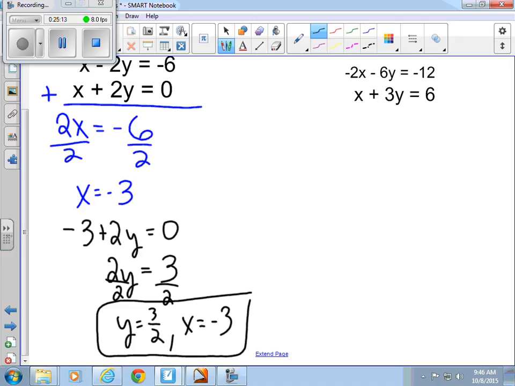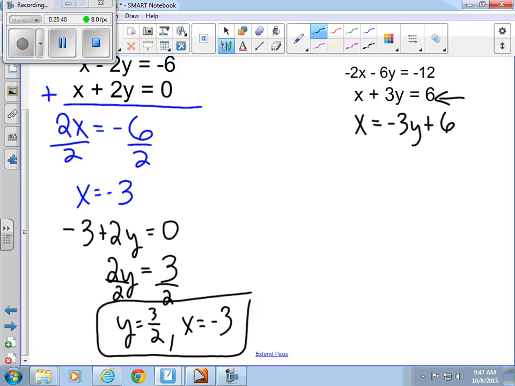Get a variable by itself. Which one looks easier? The x on the bottom, because I can just move the 3y over. So I used the bottom equation. Let yourself know you already used it, because I have to put it into the other equation if I'm using substitution.